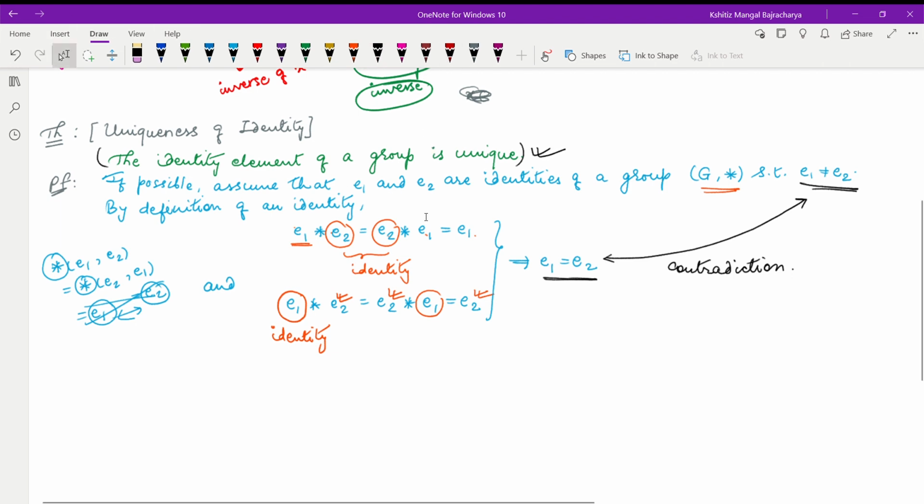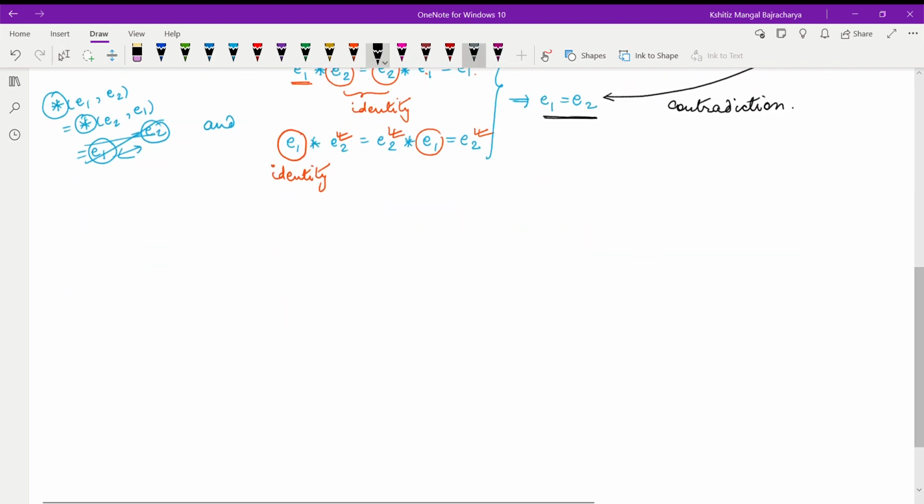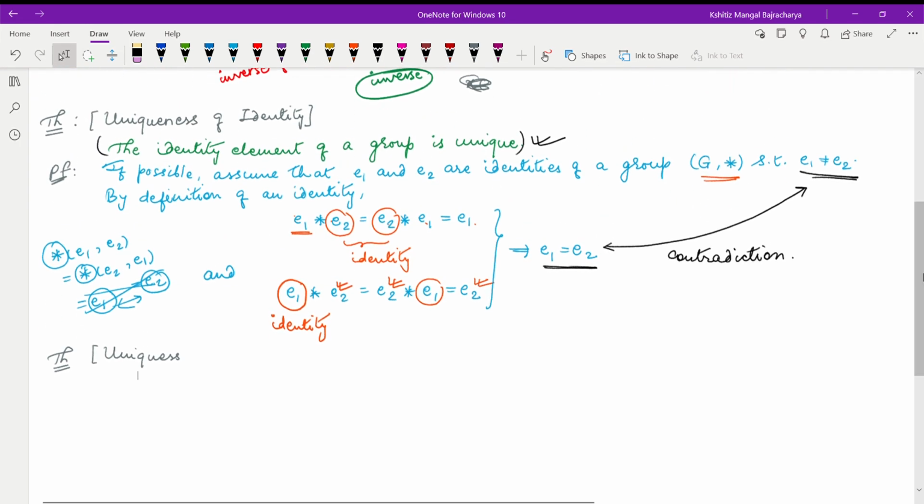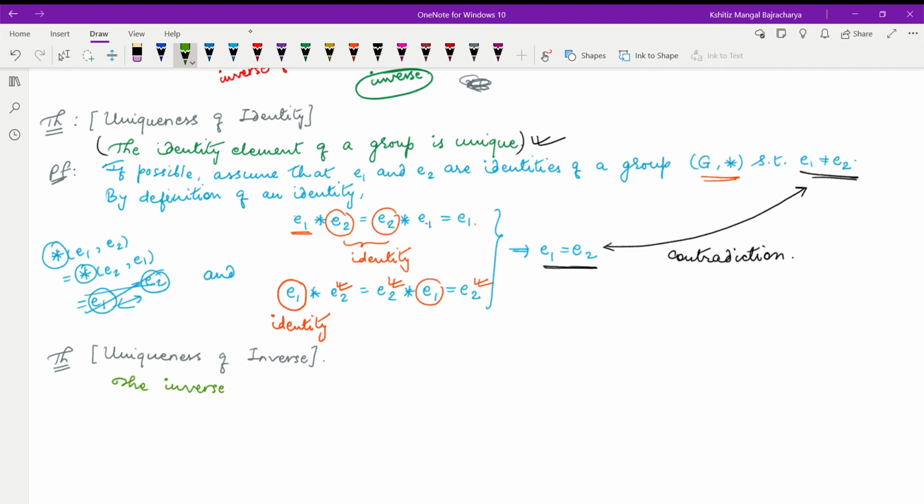The second property is the uniqueness of inverse, which states that the inverse of any element x of a group is unique.